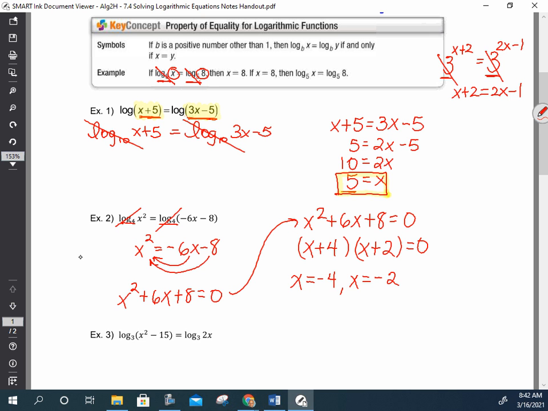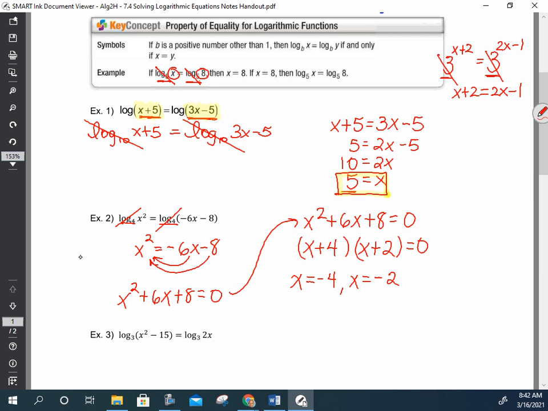They could both work, the -4 could fail, the -2 could fail, or both of them could fail. If both fail, it's no solution. So again, we check each of the answers just to make sure that they work out.